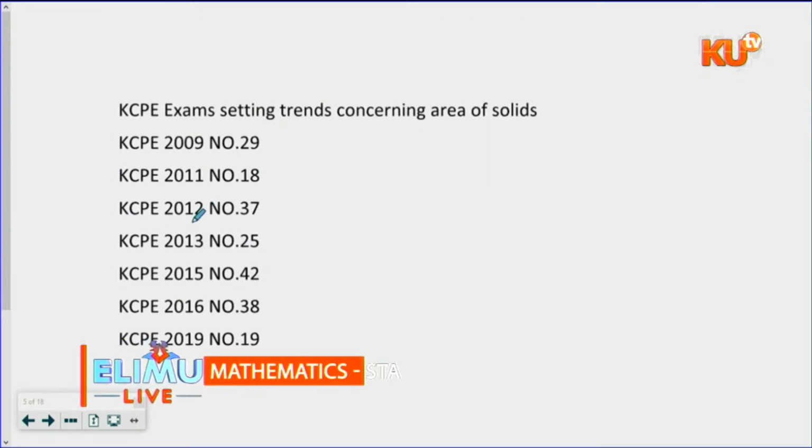In 2012, we have number 37, that is surface area. In 2013, we have number 25. Then in 2015, we had number 42, that is surface area of solids.